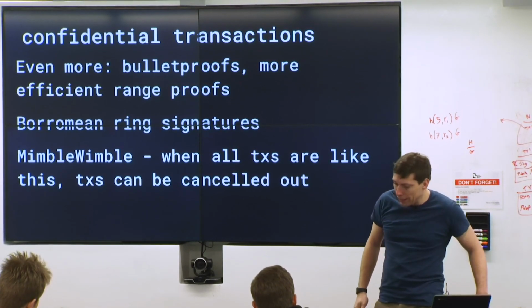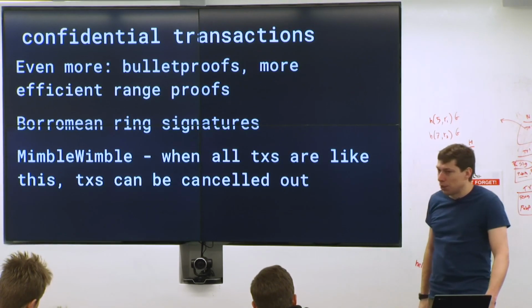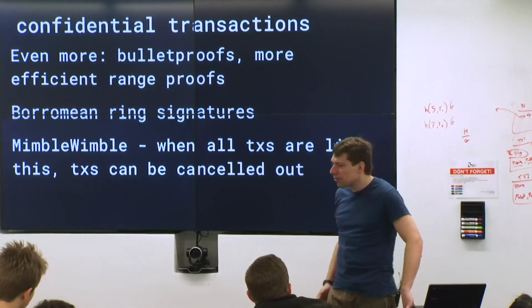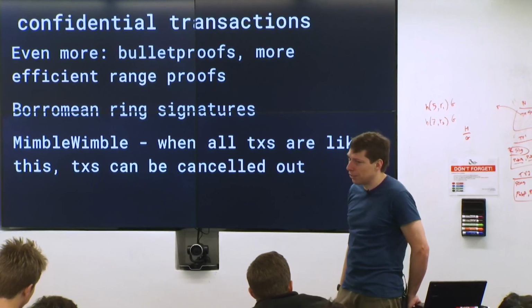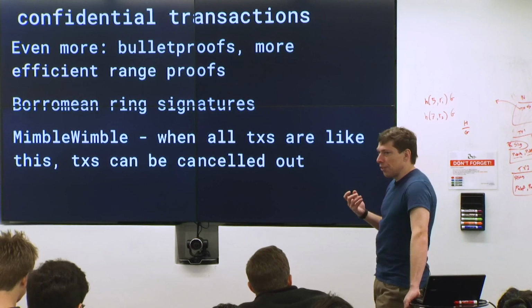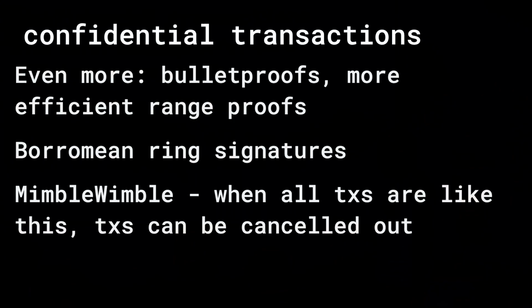The idea is that when all of the transactions in the network are like this, with confidential input and output amounts, the transactions can be canceled out in an interesting way. Because the output amounts are unique, right? They have these blinding factors, these range proofs.